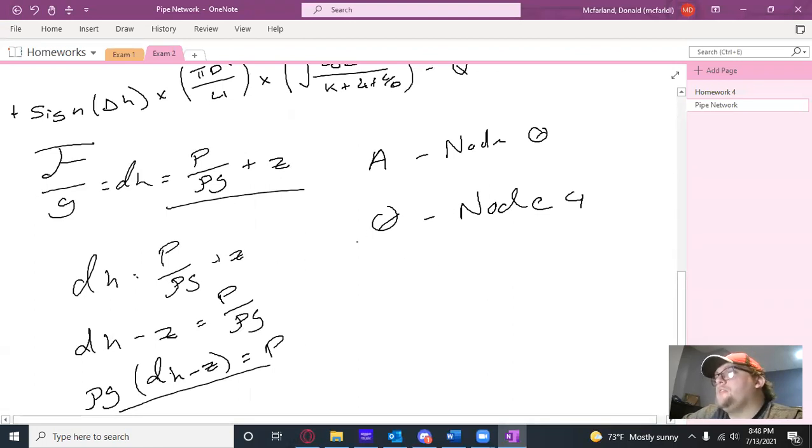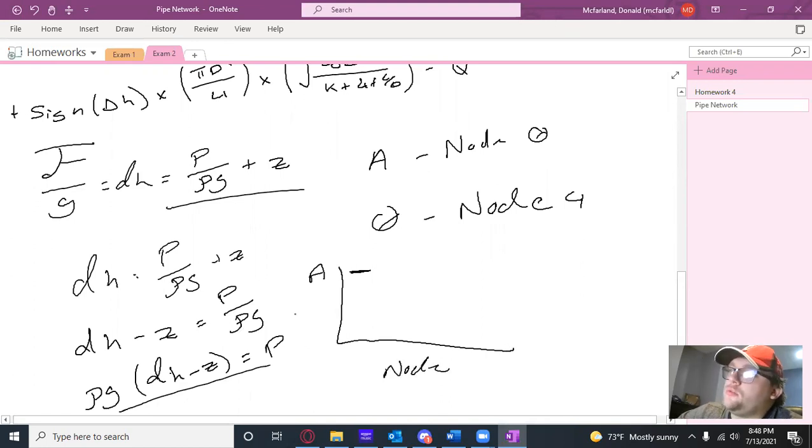This is because from the entry point of the system at node 0 to node 4, the rest of the nodes have to have a head value in between these two.